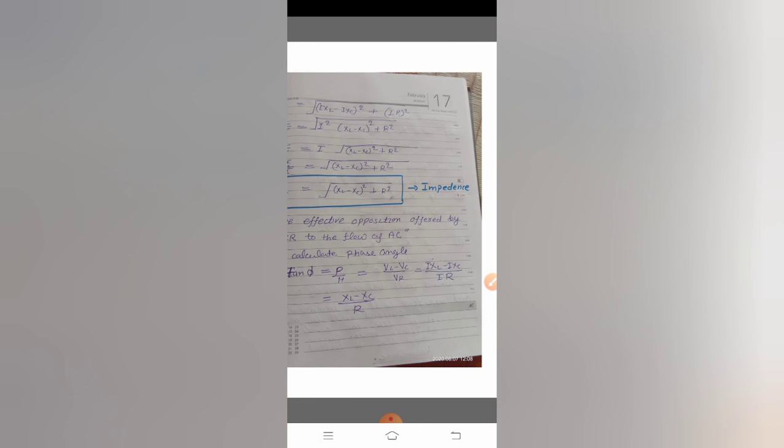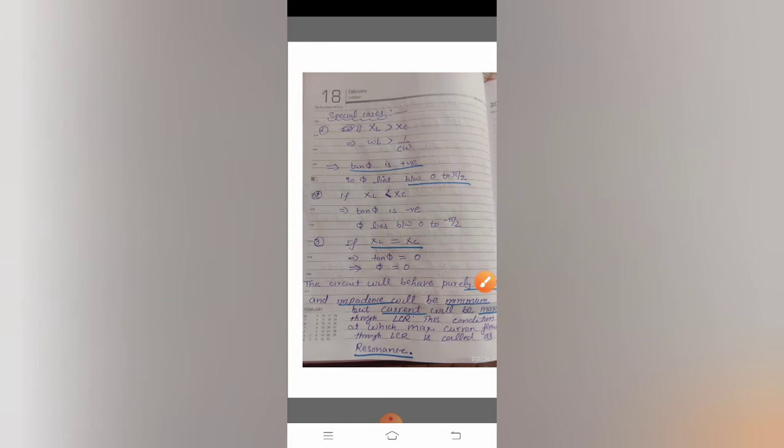Now third is if XL is equal to XC. The first we have discussed, that XL is bigger, in the second we discussed XC is bigger. Now in the third we are discussing XL is equal to XC, means both are same. If both are same, that means XL minus XC will be 0. 2 minus 2 is 0, 3 minus 3 is 0, so that means tan phi is also equal to 0. If your tan phi is 0 means phi equal to 0.